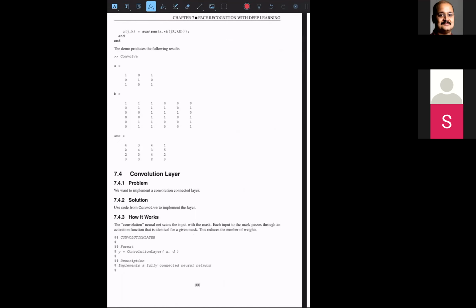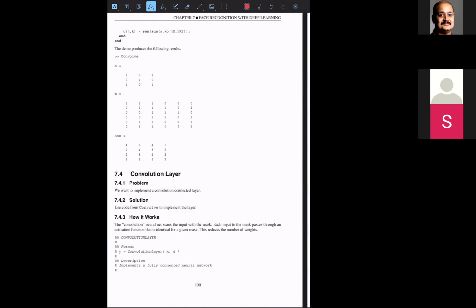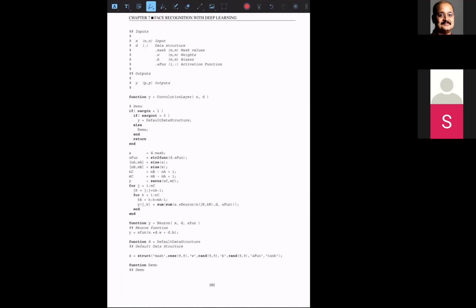As you can see in the next code, each input you're sending to the mask is going to pass through an activation function, which is identical to the given mask, and that would end up reducing the weights. It's a fully connected network.